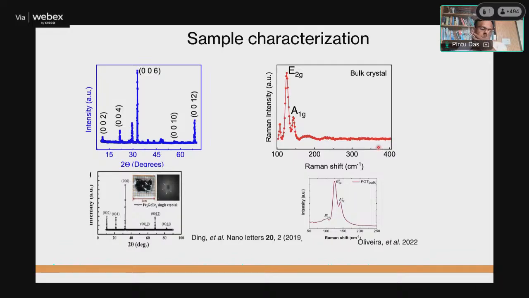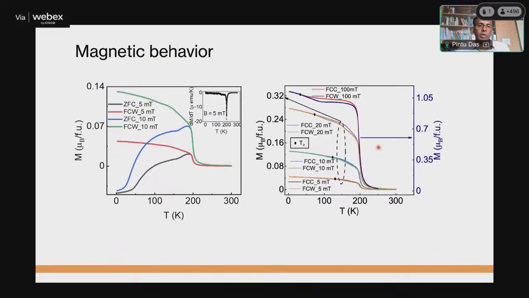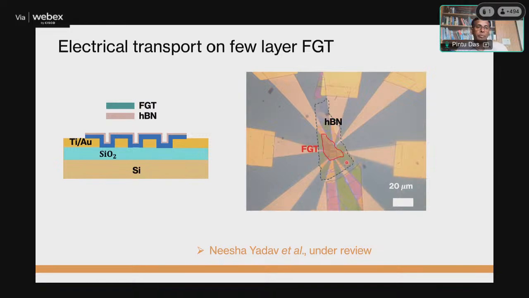This is the kind of sample, and you always have to characterize the sample. So we typically do X-ray diffraction and Raman spectroscopy, etc., and then we try to determine the good quality of the sample. Then we reproduced the thermal hysteresis loop that people have reported, because we wanted to see that this is the case, and then dig out information from this.